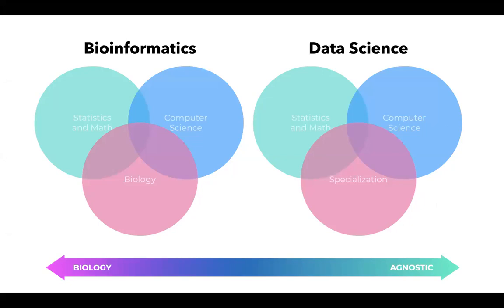So according to such course platforms like Udacity, the essential skills of a data scientist are programming, machine learning, statistics, data wrangling, data visualization and communication, data intuition, and other related skills. So really, the components of data science and the components of bioinformatics are very much alike.